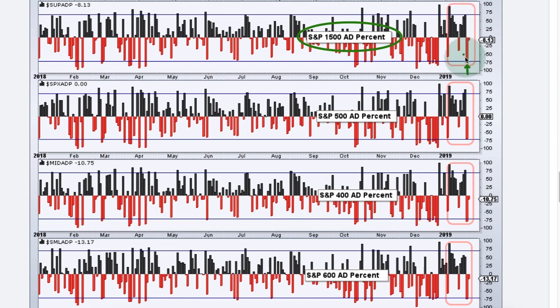There you can see that indicator. So that is a lot of selling pressure, and that's a downward breadth thrust. We didn't quite hit it in the S&P 500. We did hit it in the S&P 400, and we did hit it in the S&P Small Cap 600. So we had some pretty strong selling pressure, and that again could suggest that the mood is changing as far as stocks are concerned. And we'll get into that in more detail.